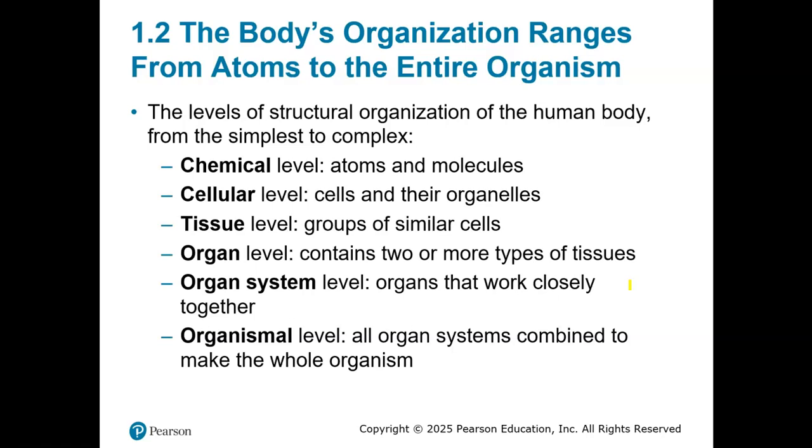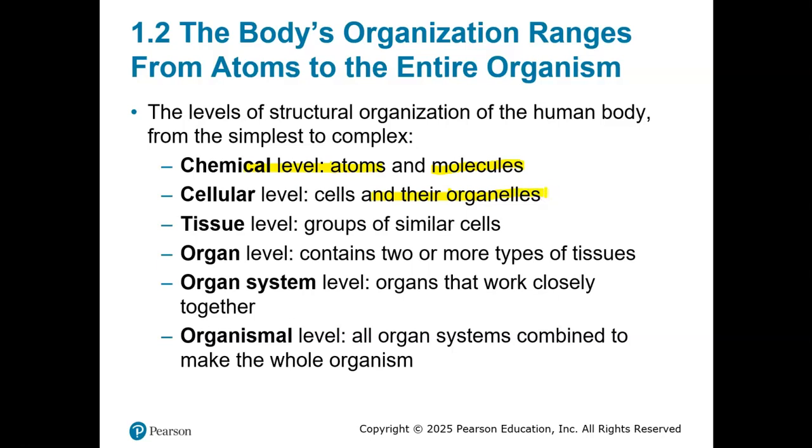Something else that's important is to understand the levels of organization of the human body. Start with the simplest and go to the most complex. So we're going to start with the chemical level, which will be atoms, and then combinations of atoms will form molecules. Then we'll go to the cellular level, and combinations of molecules are going to build the cell parts that we call organelles.